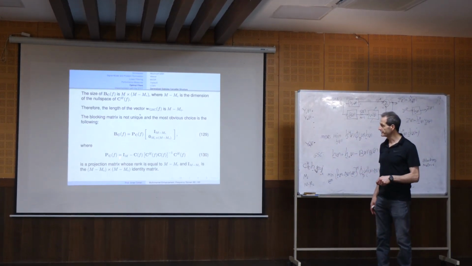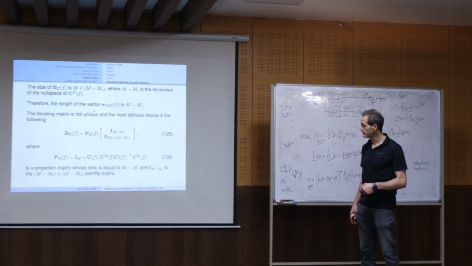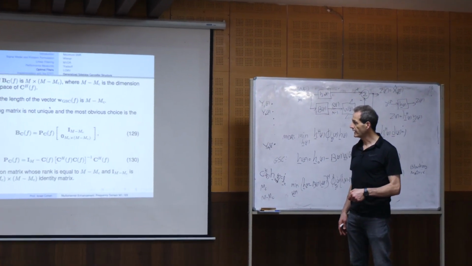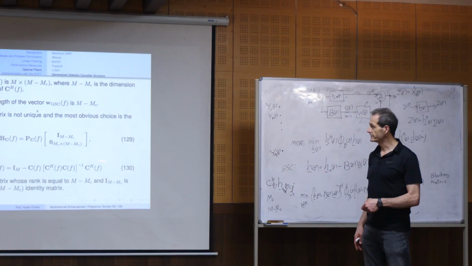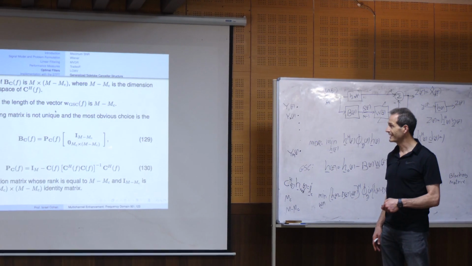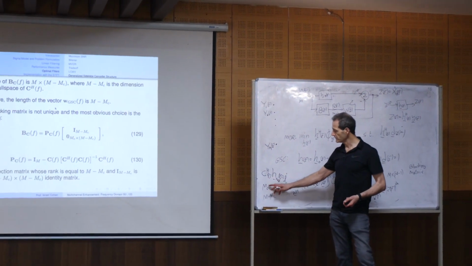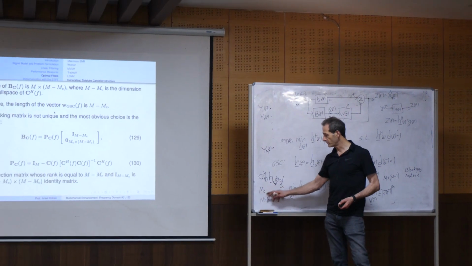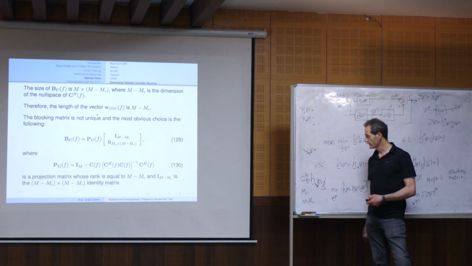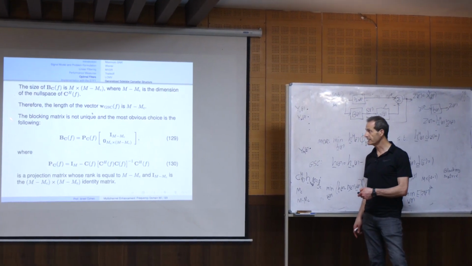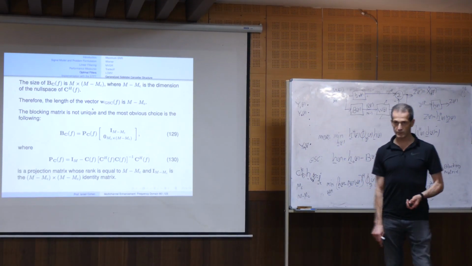So if we know the steering vectors in the constraints, we know how to project to the null subspace. The rank of this null subspace of C is M minus the number of constraints. So we can very easily get the blocking matrix.